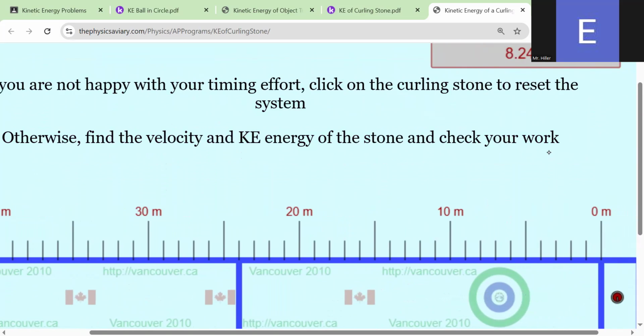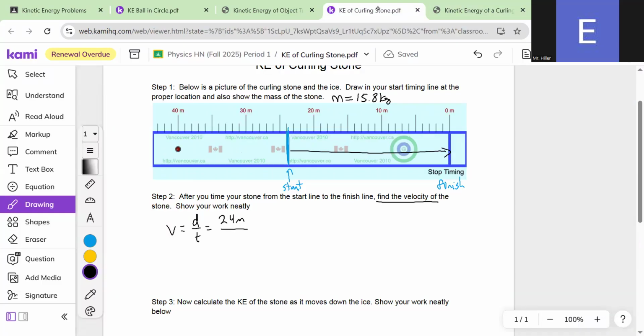Okay, so it took about 8.24 seconds to move that distance, which is approximately 2.91 meters per second. Okay, so I've got that.